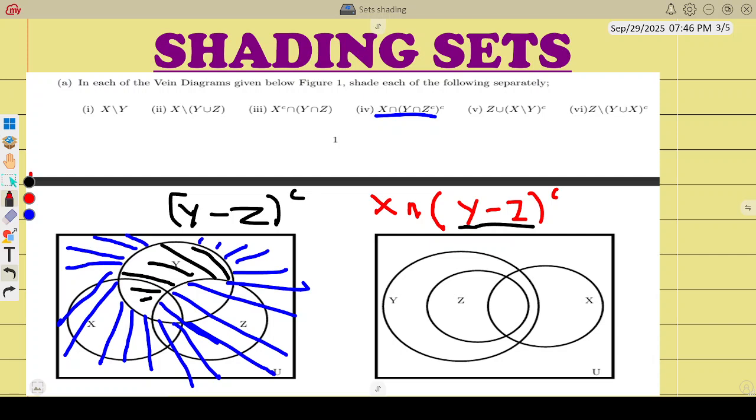And then, so I've shaded this. It is the part in blue. And then x intersection, let us shade x. So this part in blue, we're not interested in it. Oh, sorry, the part in black, it is y minus z complement, meaning we shade what's outside. So this is what is outside.